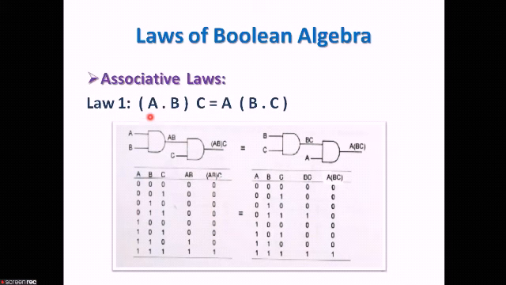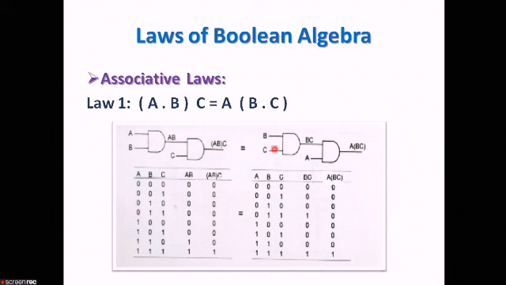Here again, see this one, a dot b. So we will be using an AND gate. a and b are the two inputs and the output is a dot b. This and this will again be an AND: ab is one input and c is the other input. This is an AND gate, so the output is a and b ANDed with c. Next is this expression, a ANDed with b and c.